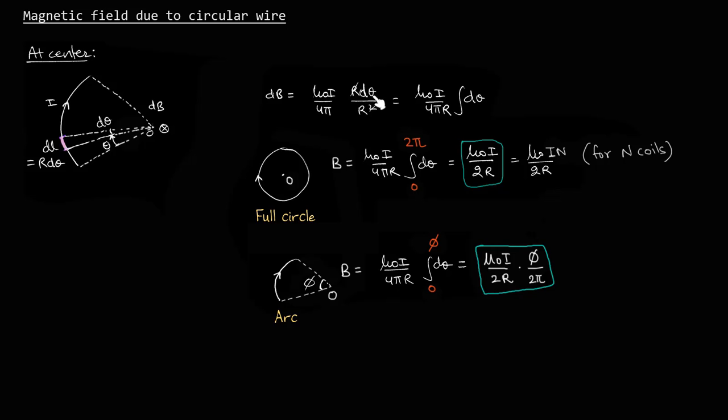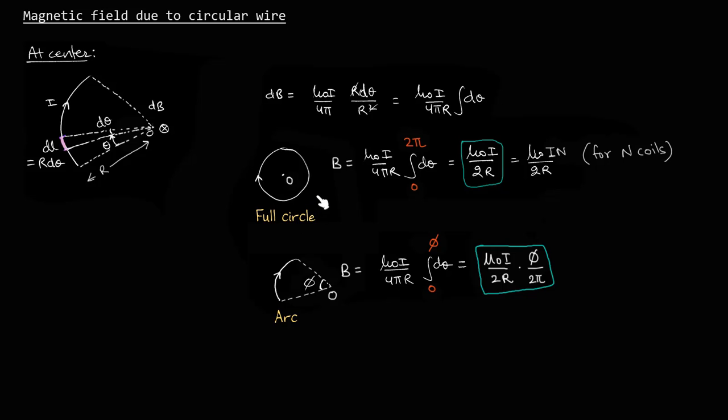So dl is r d theta by r square because this distance is r. So dB is mu naught I by 4 pi r d theta by r square. This becomes quite simply mu naught I by 4 pi r d theta.